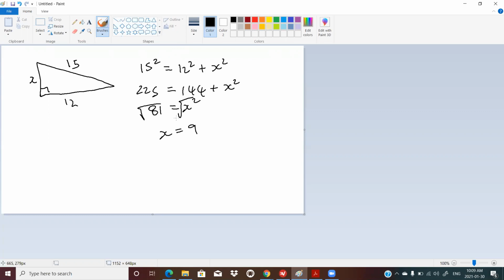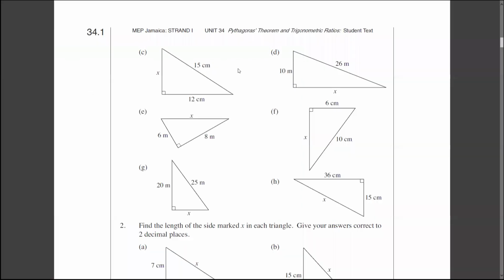Right? I'm not sure if it was in meters or centimeters, but whatever the unit may be, you just put the unit here. Say whether centimeter or meter. All right, let's go back. So it's actually centimeter. All right, so that is an example, and all of them follow that same pattern, right?